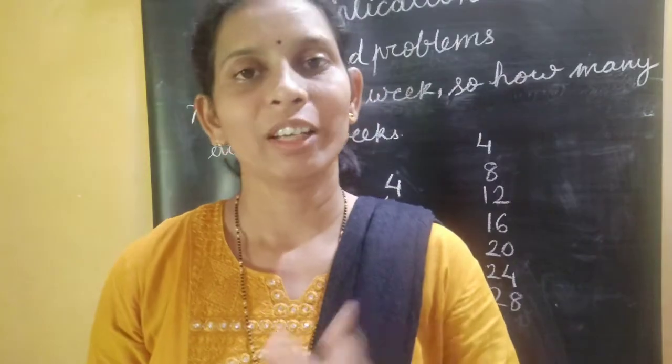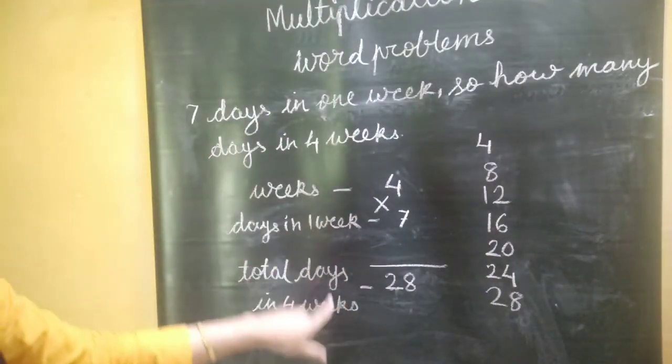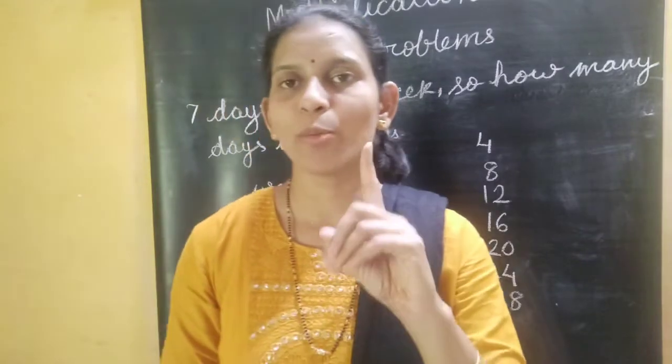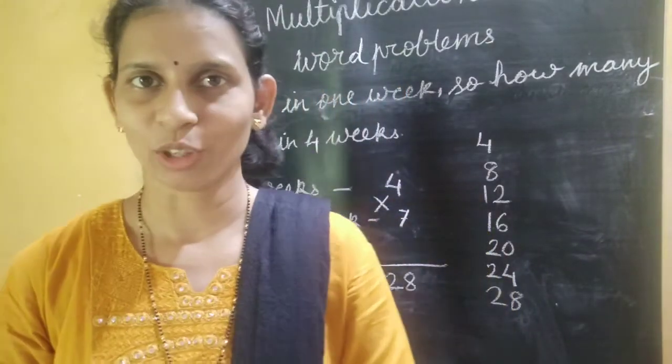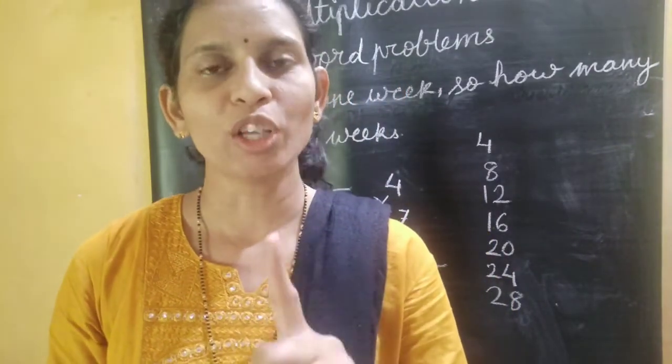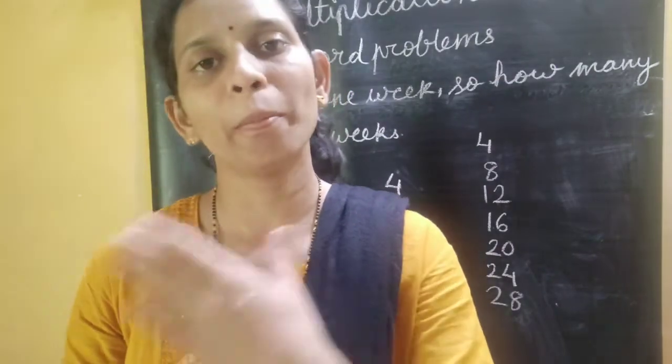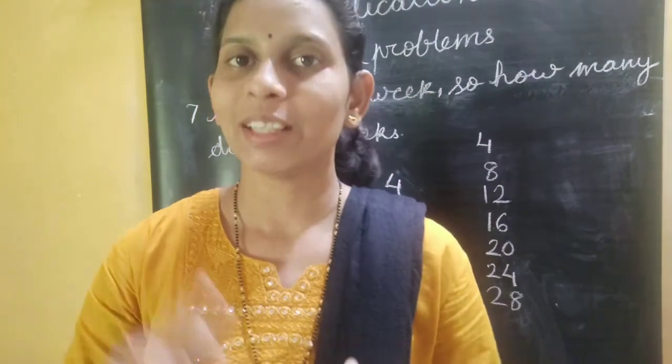So students, did you understand how to solve multiplication word problems? Just remember, you should write in this way. If the cost of one thing is given and you have to find the cost of many things, okay, then you have to do multiplication.